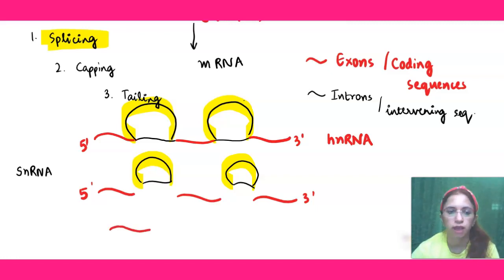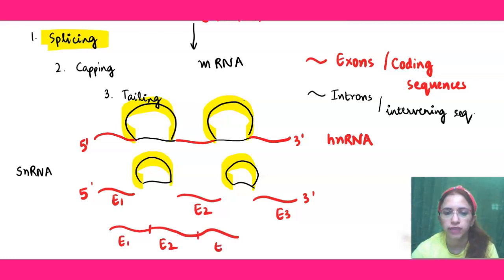So this is our exon 1, this is exon 2, this is our exon 3, and these exons will be ligated. So this is our E1, exon 1, exon 2, exon 3, and overall you can check now that all the coding sequences are present in a stretch.